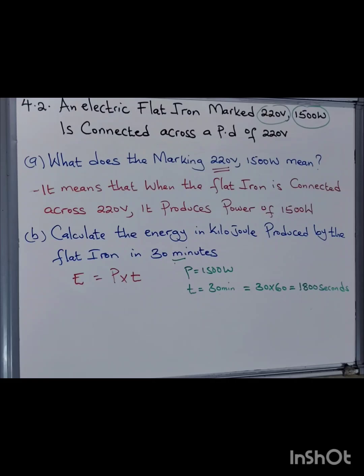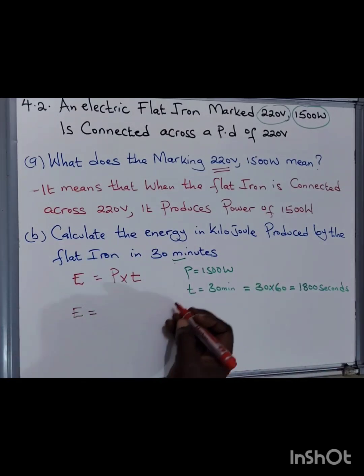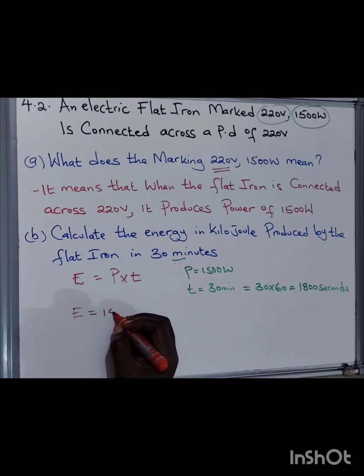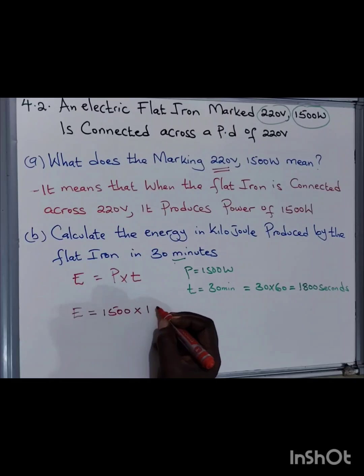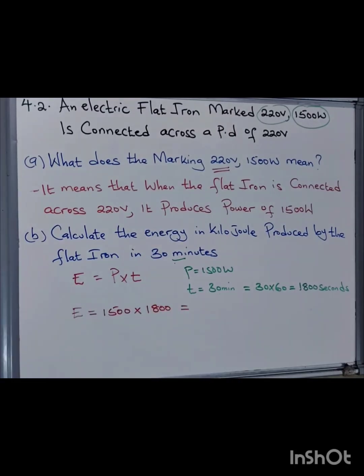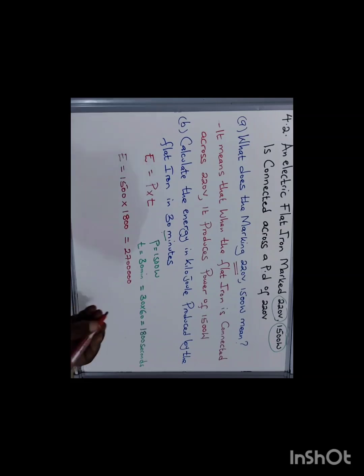So when you substitute in our equation, we are going to get E, or energy, is equal to power, which is 1500, times time, which is 1800. What you get there is going to be our energy in joules, giving us 2,700,000 joules.